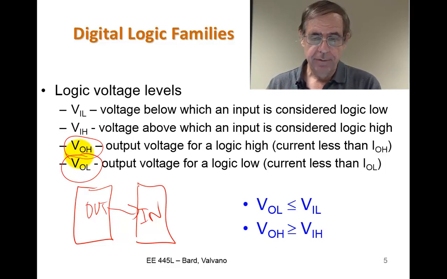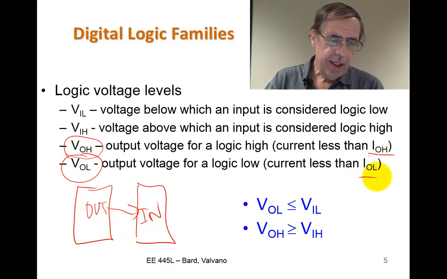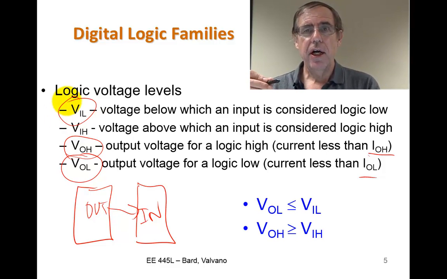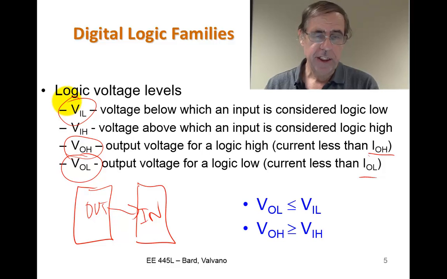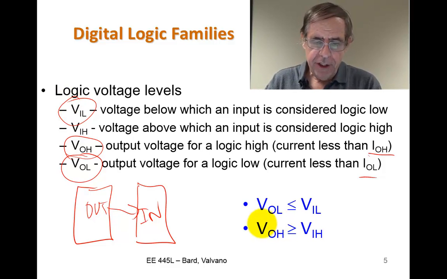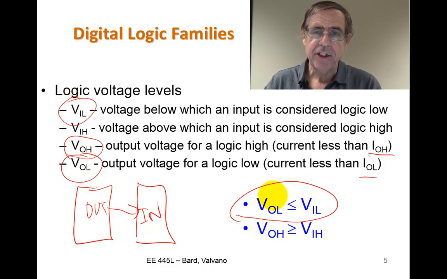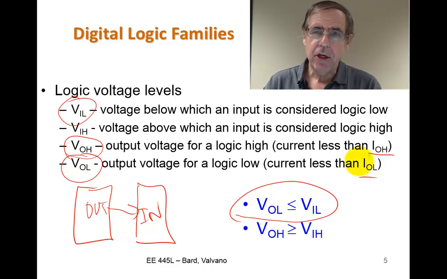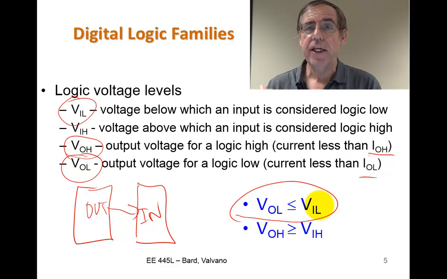That's VOL, assuming the current is not overloaded. And then at the input, we're interested in what voltage range the input considers low. That's VIL. And for obvious reasons, the output has to be lower than the input requires. If this inequality is true, whenever the output drives a low, the input will see it as a low.